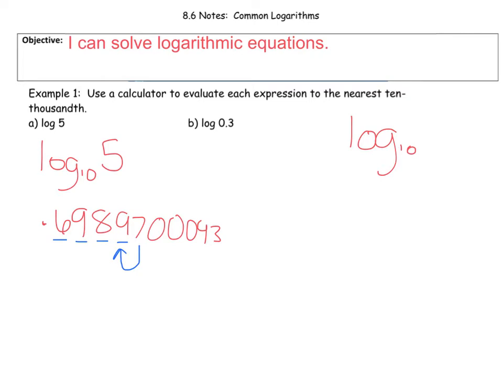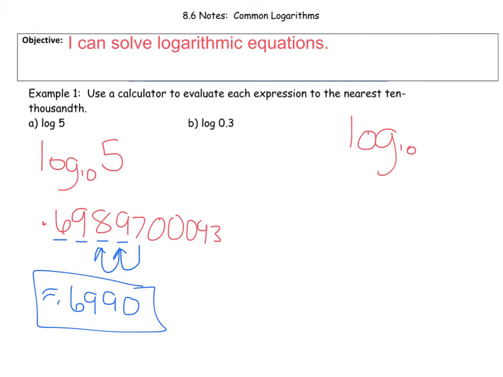The 9 can't go up, so we're going to actually bump up the 8 here. And so the 8 is going to turn into a 9, which means we're going to have 0.6990. So we bumped 89 up to 90. So 0.6990 is going to be our final answer.